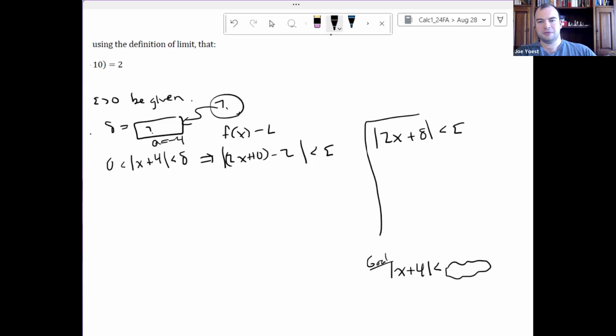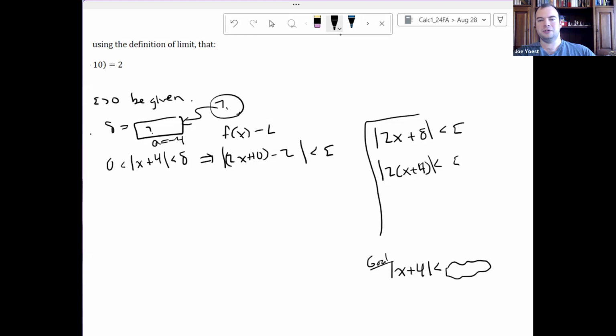But nicely enough, 2x plus 8 has a factor of 2. That factor of 2 can come out of the absolute values and divide through. Oh, it helps if I do my basic arithmetic right: x plus 4.